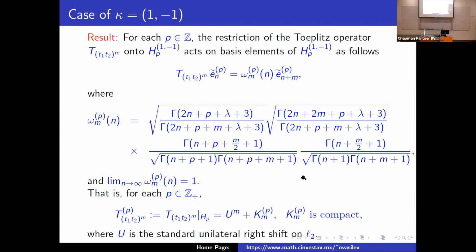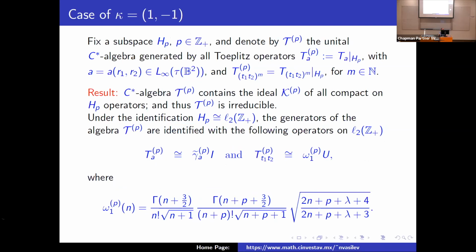That implies in particular that this operator is nothing but the m-th power of the standard right unilateral shift plus a compact operator. So let us fix an invariant subspace with this P, and the unital algebra generated by our Toeplitz operator. This algebra contains an ideal of compact operators.